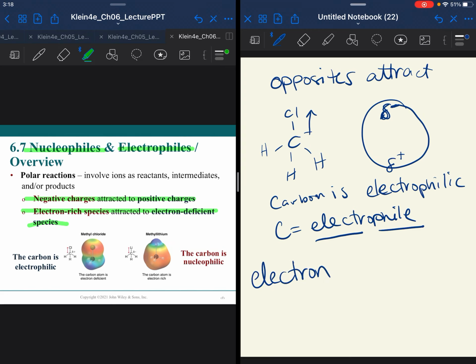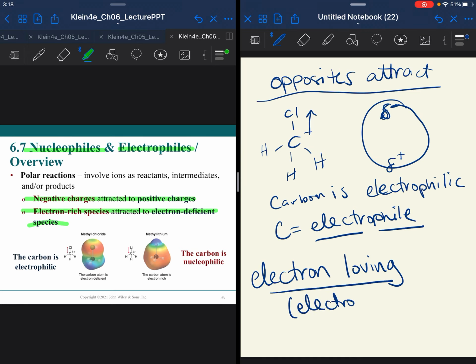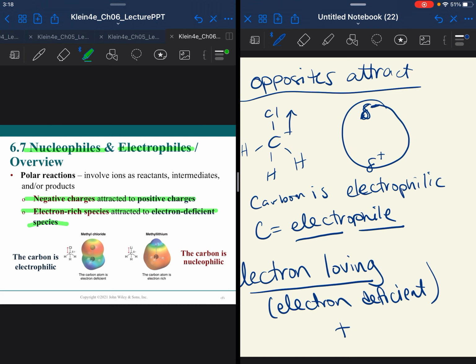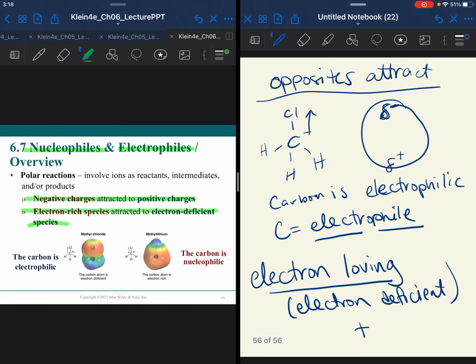Something that loves electrons, is attracted to electrons, is attracted to negative charge, must be positive because opposites attract. Electrophile, electron loving. That means it is also going to be electron deficient. It will be positive in some way, either partial positive or fully positive.